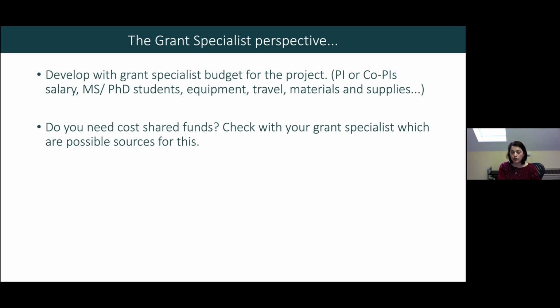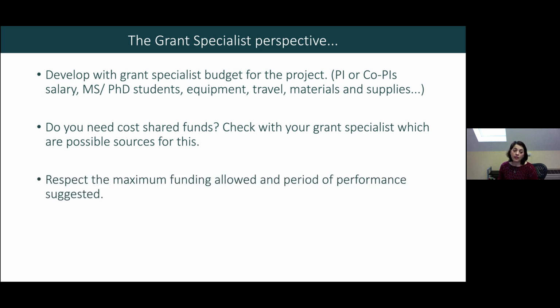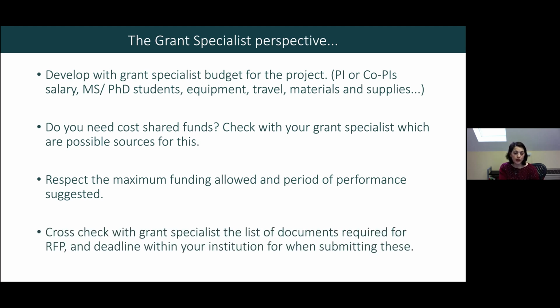When reading those guidelines, it is most important to respect the maximum amount of money allowed, since those limits are set for a reason. So make sure that you plan your project accordingly, and also within the period of performance. If they say they're going to fund a 1-year, 2-year, or 3-year project, it's very important to follow through. And then again, make sure that you have the list of documents needed for the final deadline.